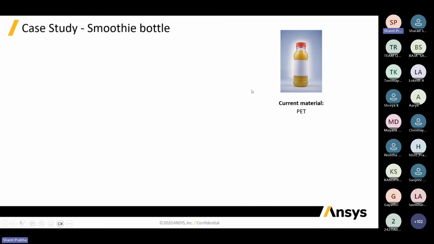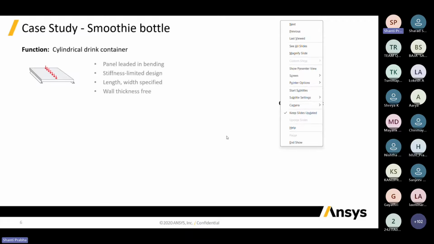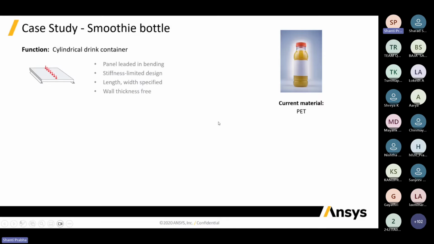Okay. So I just took this because it is a very simple thing and it has just three parts in it, and it has a very simple assembly, just to make you understand the concept. Like, what are the three parts? Cap, bottle, and the liquid drink inside it. And the bottle is loaded like a panel in bending. So this is a panel in bending.